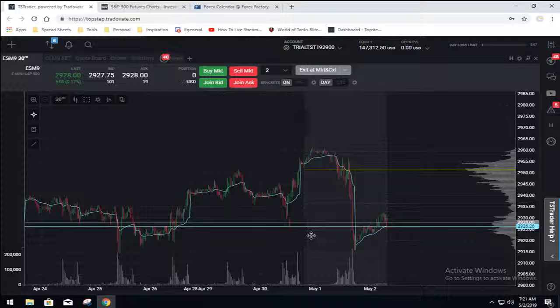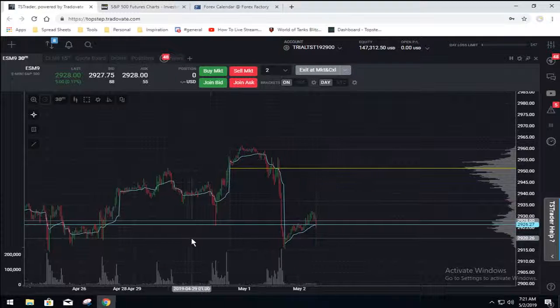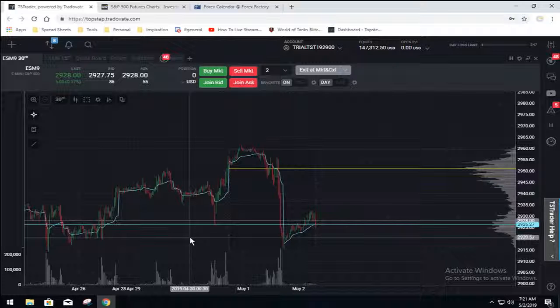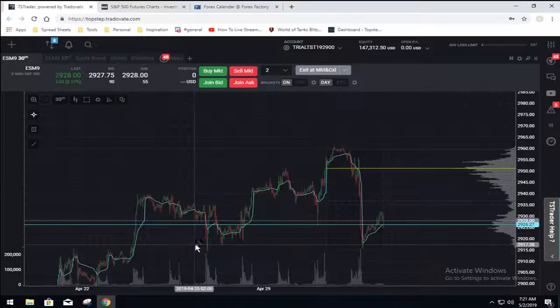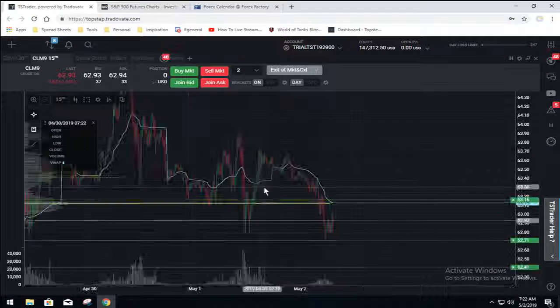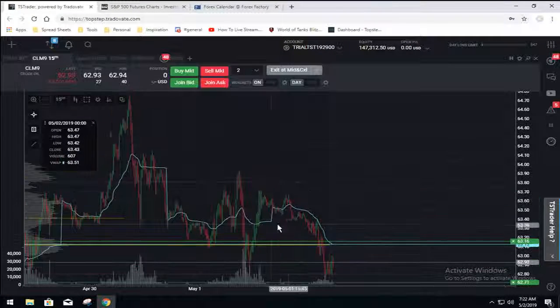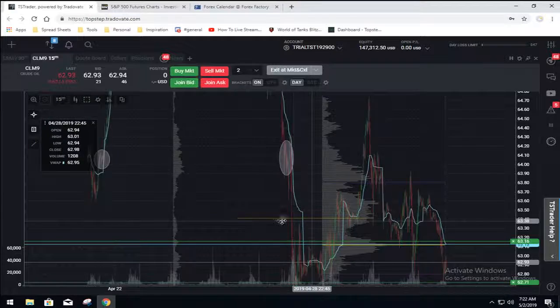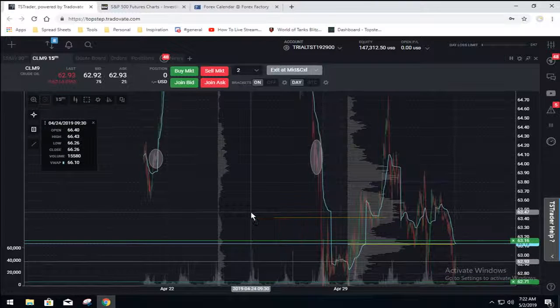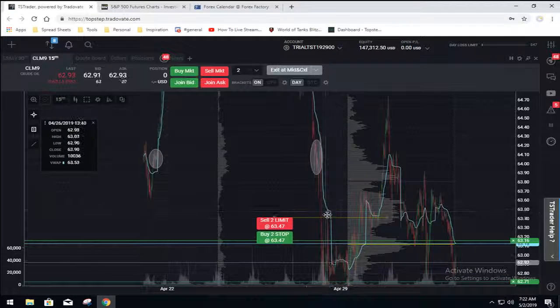So let's go to crude now. We had crude news yesterday, which was more or less mixed to bearish. Looking at the major move, we know we have an area here that will be very interesting.